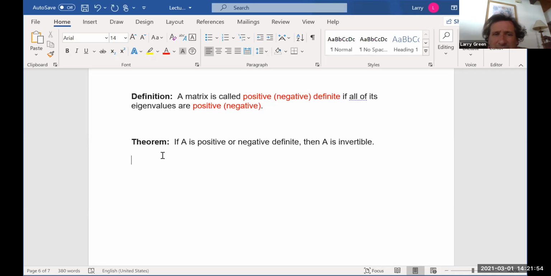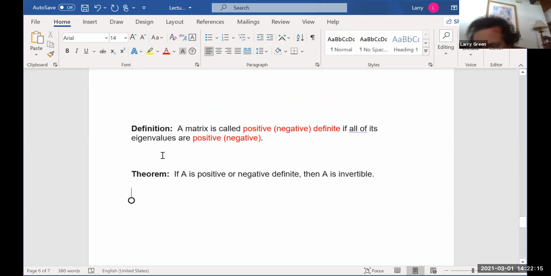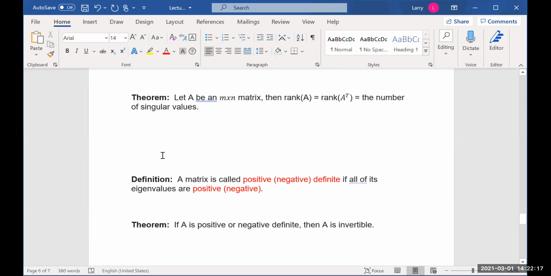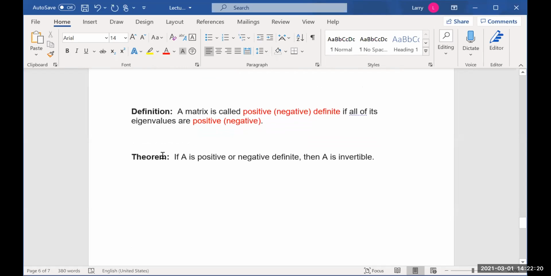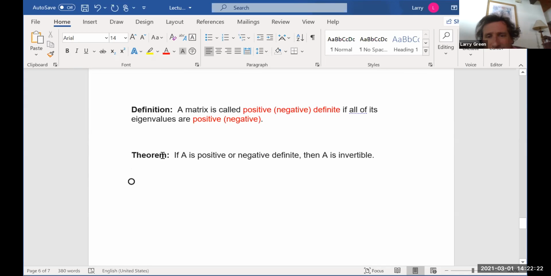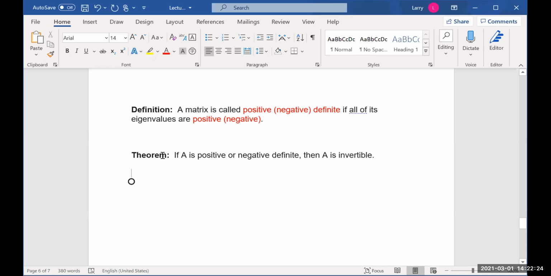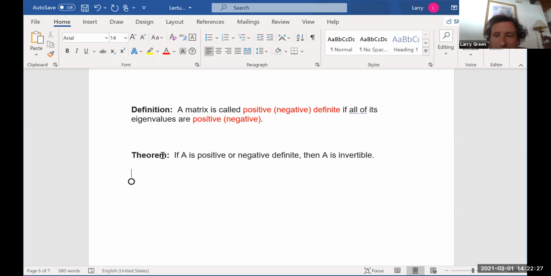So how do we show that if it's positive definite, then it must be invertible? Any thoughts? You could take the determinant of that matrix. Yeah, I can take the determinant of the matrix. Now we want to see what that determinant might be.